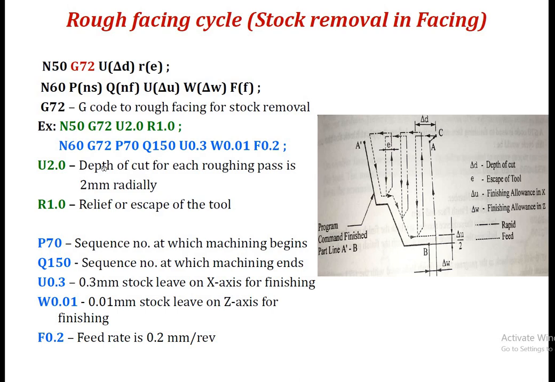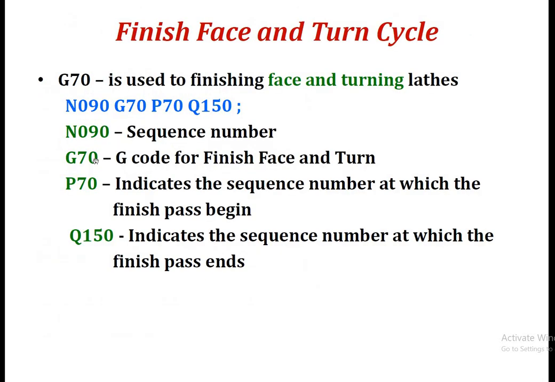Now we will move towards the next cycle, that is the finish face and turn cycle. Remember that for the finishing operation of facing and turning, the G code used is G70. For facing and turning, the same code is used, that is G70.